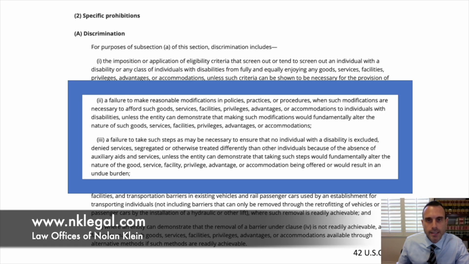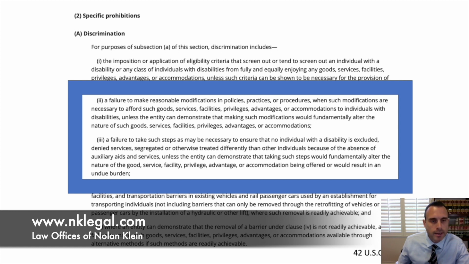Okay, this next section is going to move on from physical barriers to access, and we're going to move to the other part of Title III that we're covering in this class, which is the policies and procedures or auxiliary aids requirements. So we were earlier discussing barrier removal, right?